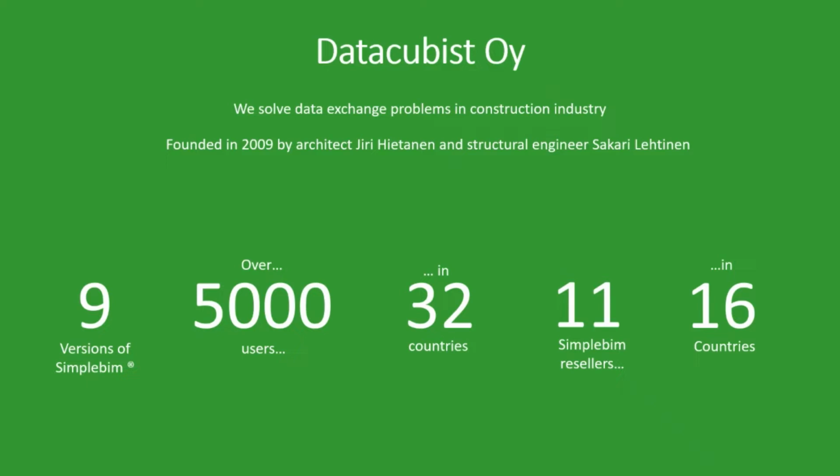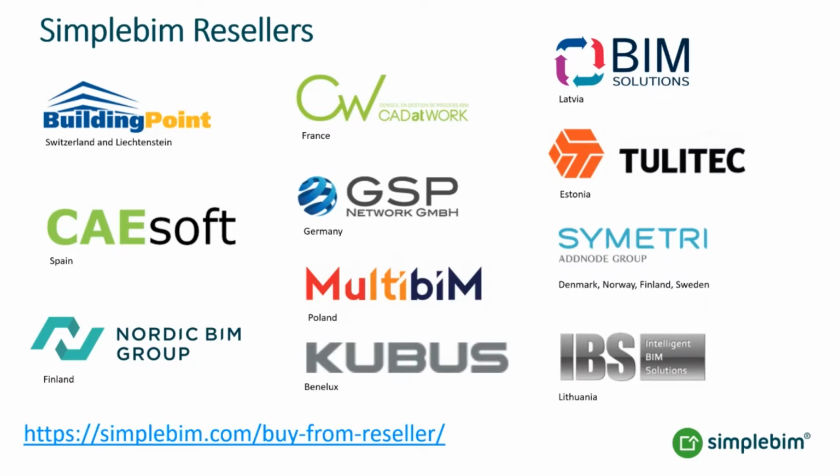We have 11 Simplebim resellers in 16 countries, so we are pretty happy about the growth that we're seeing. Just as a quick overview of our reseller network, 16 countries, 11 companies that are there to support you locally with their services as well.